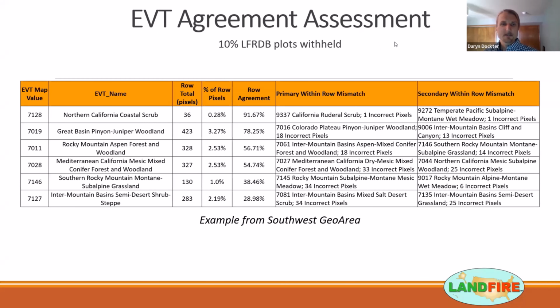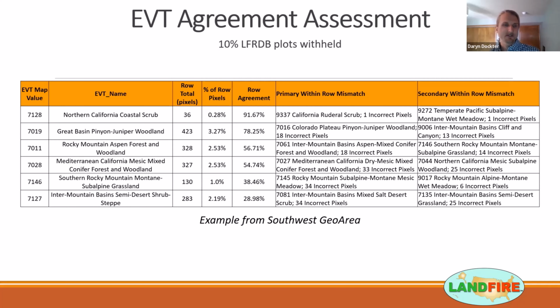We do an agreement assessment for EVT, and that information is available along with the data. Here's just an example. For each type, we held out 10% of the training plots if there was a sufficient number of plots, and then that's used to give us a performance metric, an agreement. So, how many of those withheld validation plots agreed with the type.